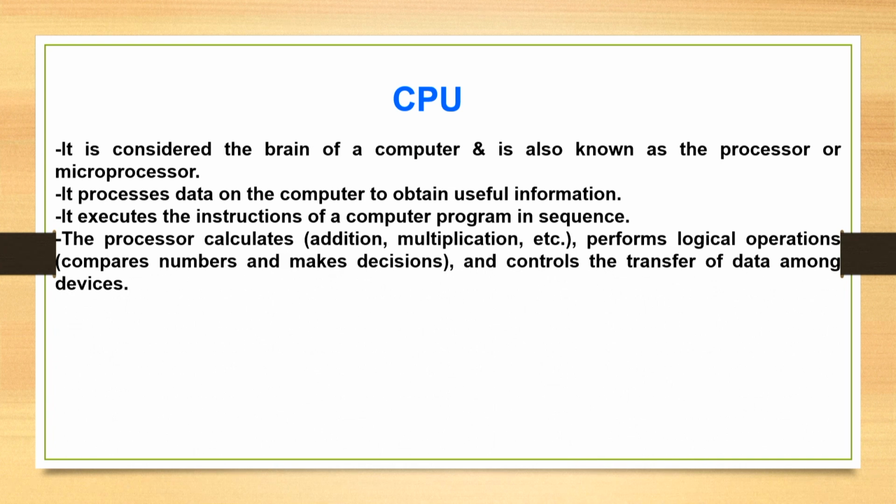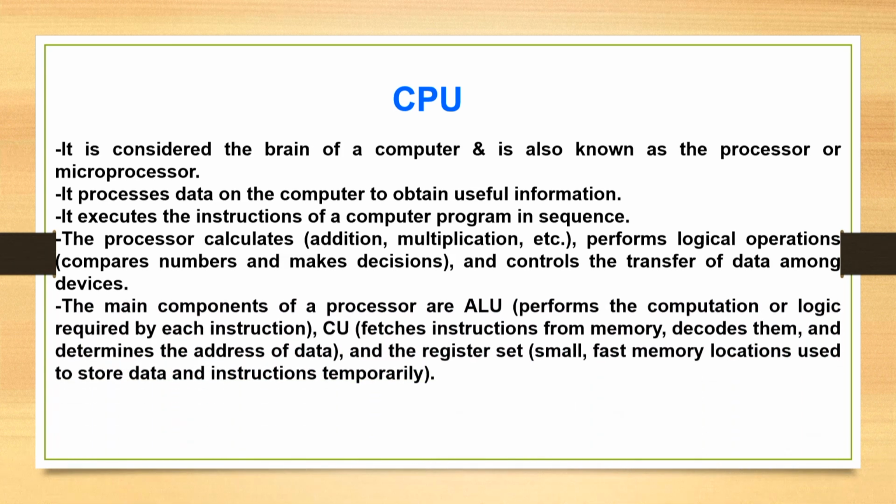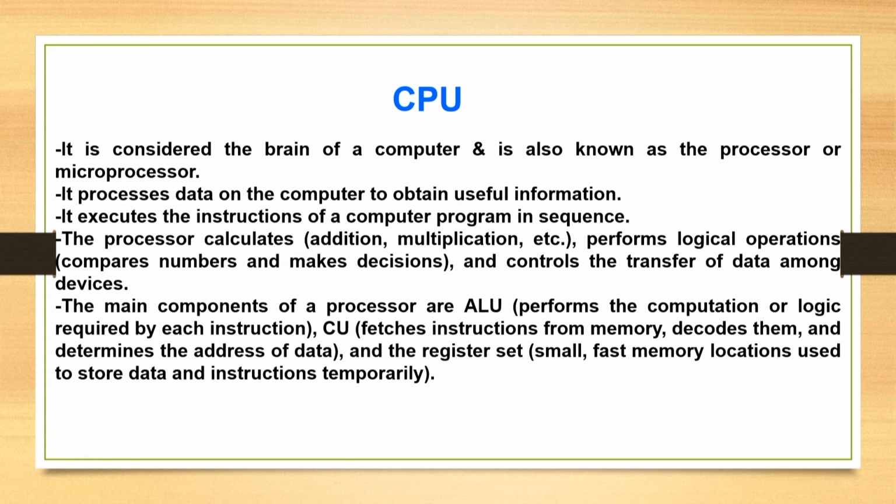CPU does calculations, that is it will perform arithmetic logical operations, that is addition, subtraction, multiplication, plus it controls the transfer of data among devices. The main components of a CPU are the ALU, the arithmetic logic unit, which performs arithmetic operations like addition, subtraction, multiplication, division, whereas logical operations are AND or NOT operations.